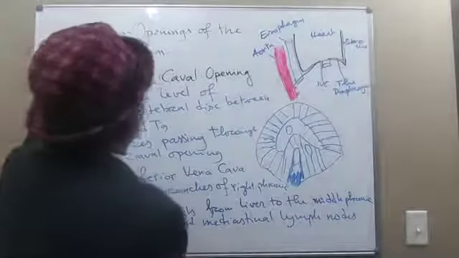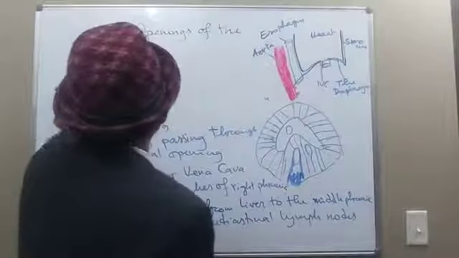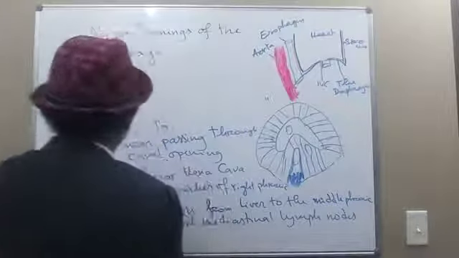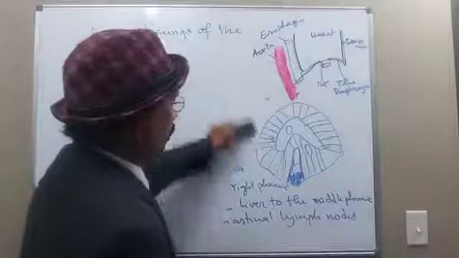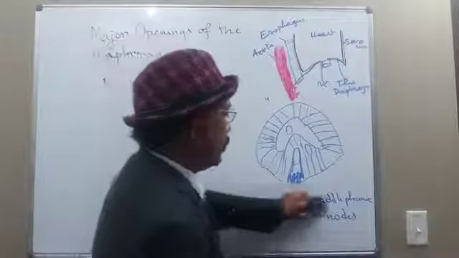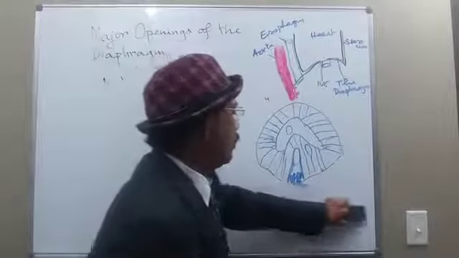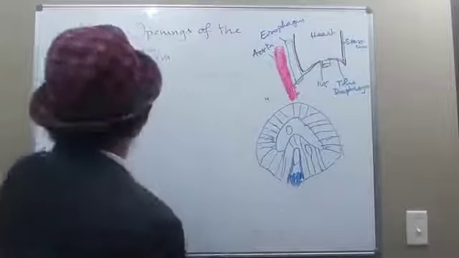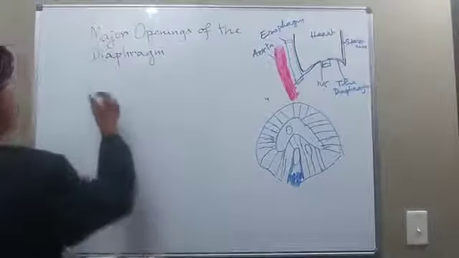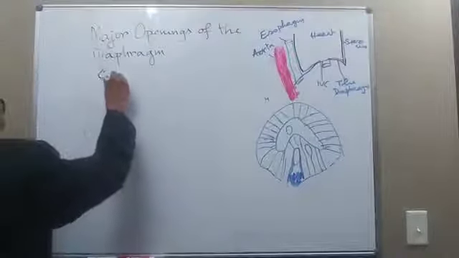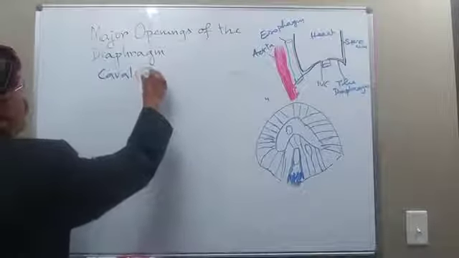So where is the vena caval opening? We got the vertebral level, we got the contents. Now exactly where it is located.